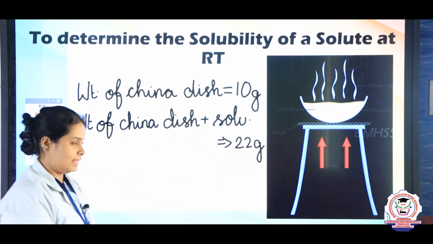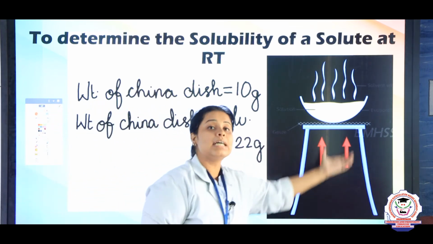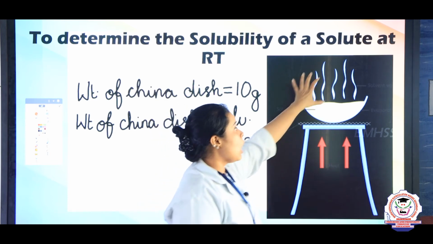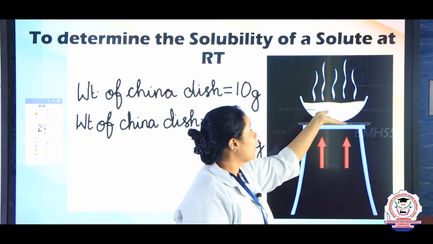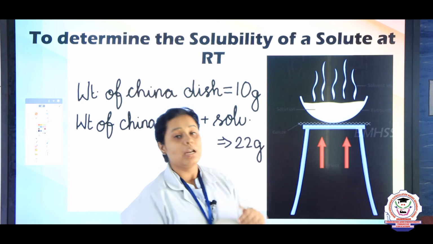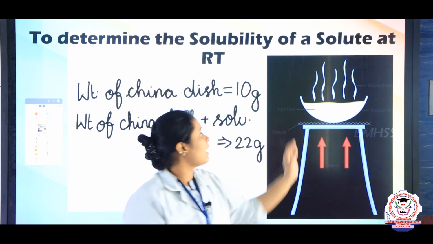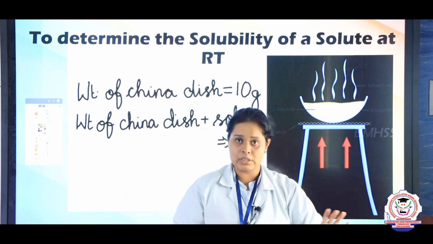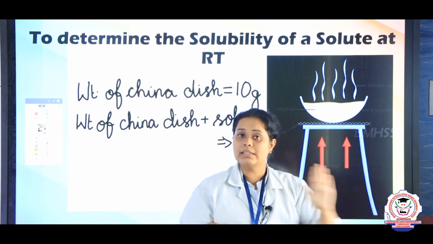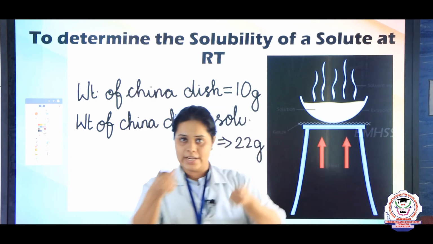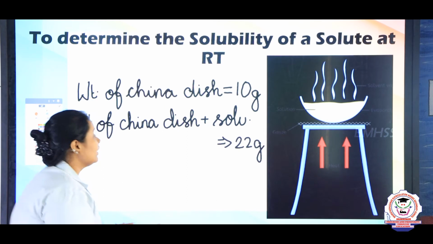Okay? Yes. Now what you have to do is when it starts getting heated up, you will see that all the water molecules from this will start evaporating, and after a point you will see that only the salt particles are left. So when the salt particles are left, again you are taking the china dish and measuring the weight.